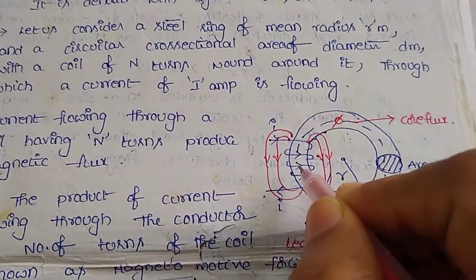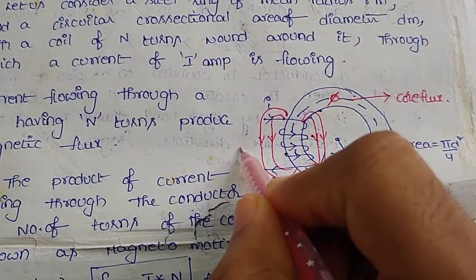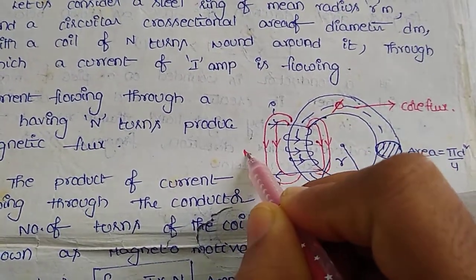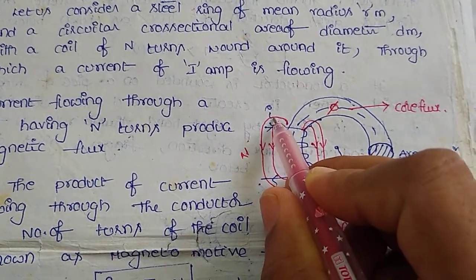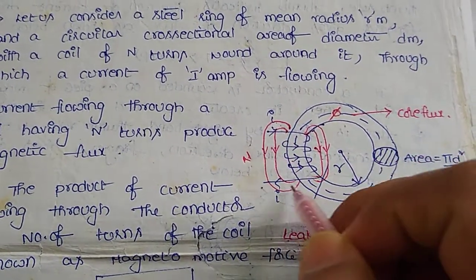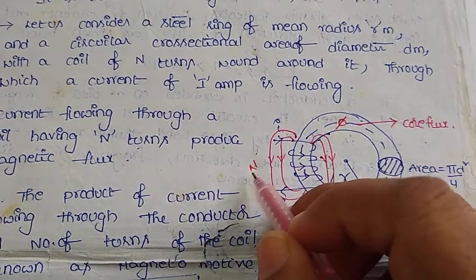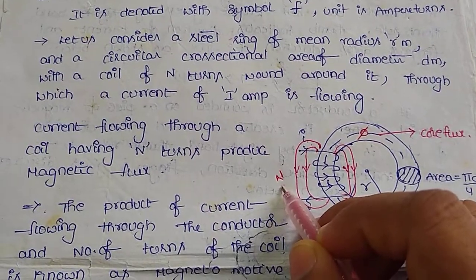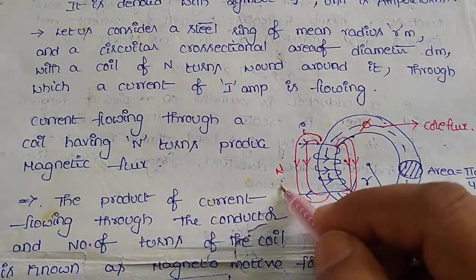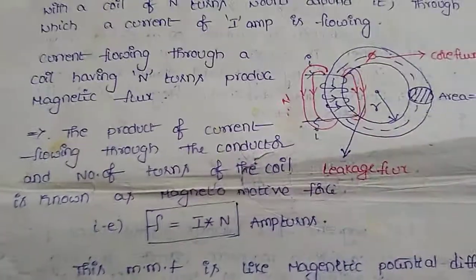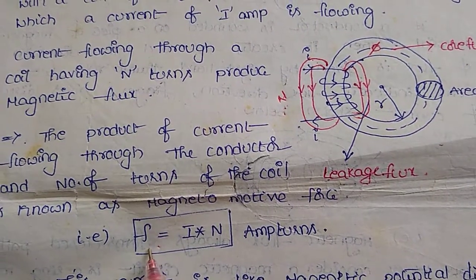If this conductor has a certain number of turns, N turns, and it carries a current of I amperes, then the magnetomotive force of this conductor is N into I, where N is the number of turns, which is dimensionless, and I is the current in amperes. So the product of N and I is known as magnetomotive force. MMF is denoted with capital F or small f.